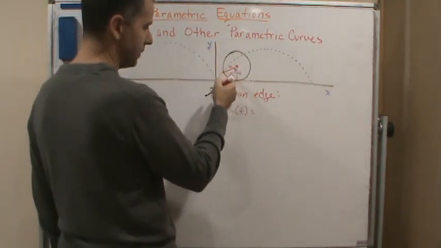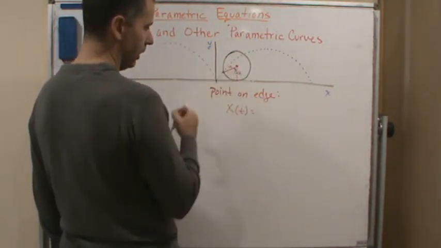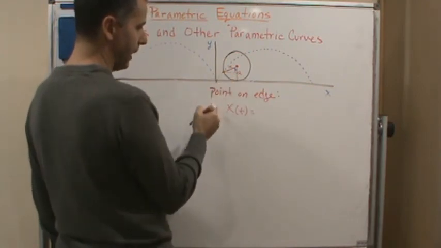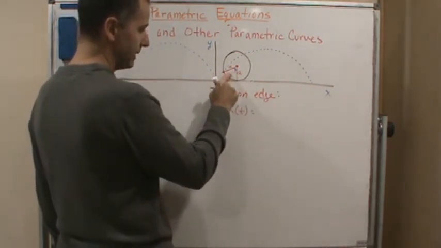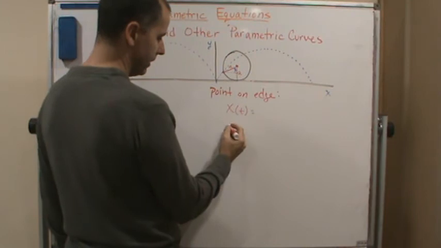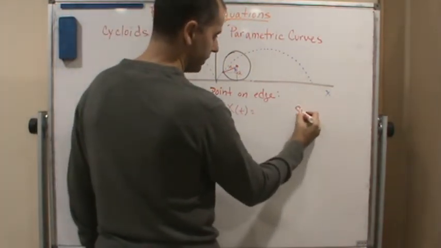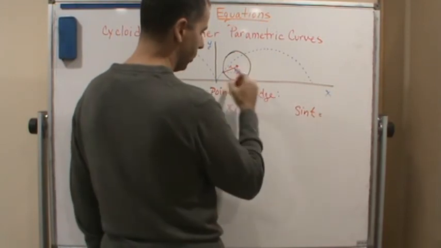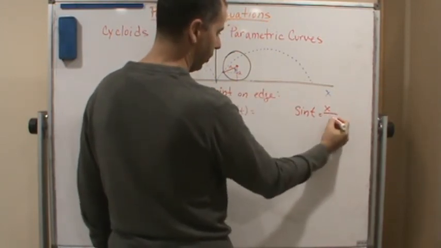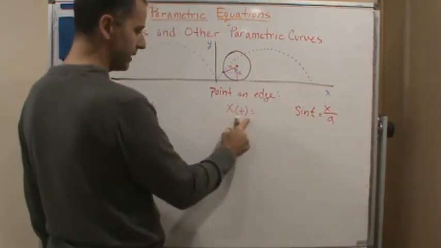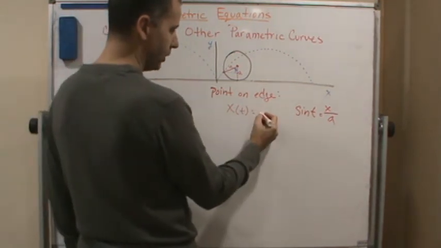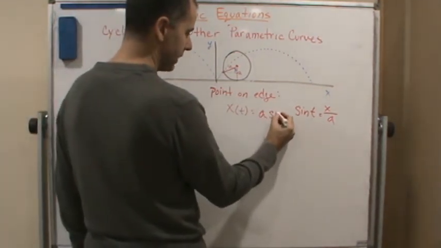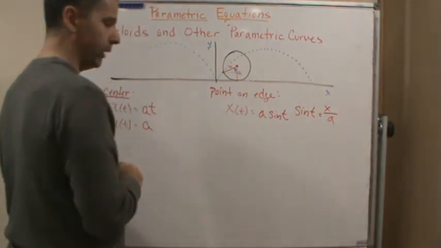Sine t is opposite over hypotenuse, so sine t equals x over a. Or in other words, x of t is going to be a sine t.